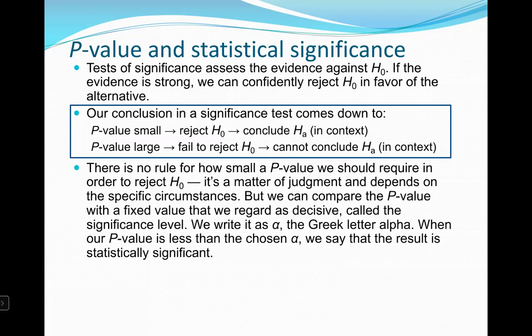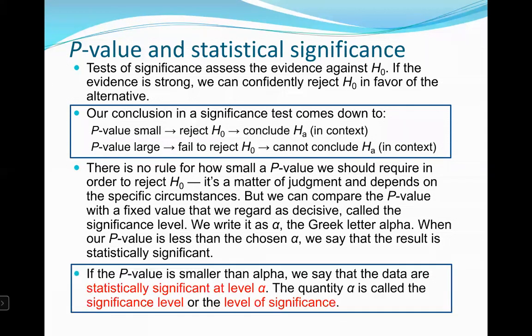When our p-value is less than our chosen alpha, we say that the result is statistically significant. If p is less than alpha, then our p-value is statistically significant.